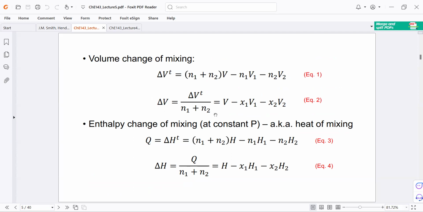So if we want to represent the change in volume, we can designate that as delta V superscript t.